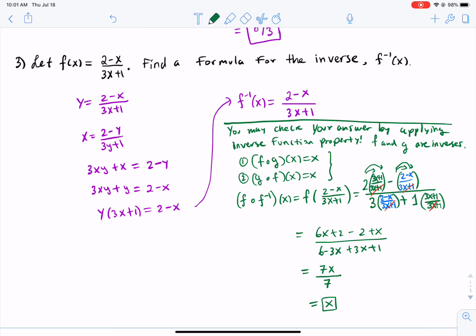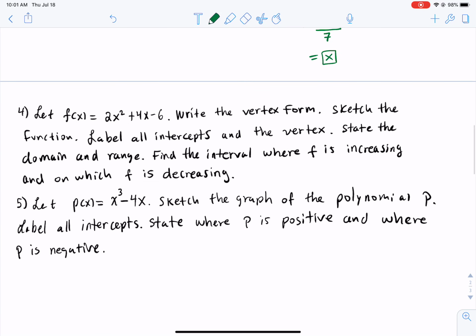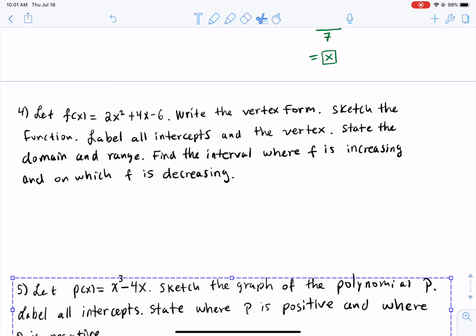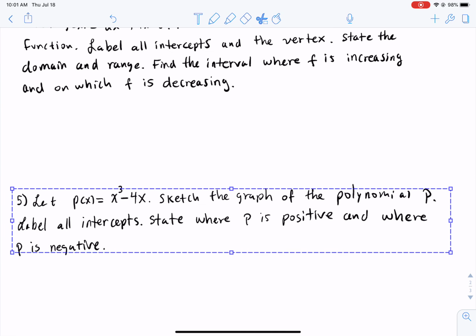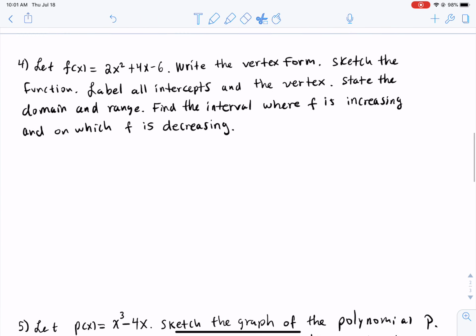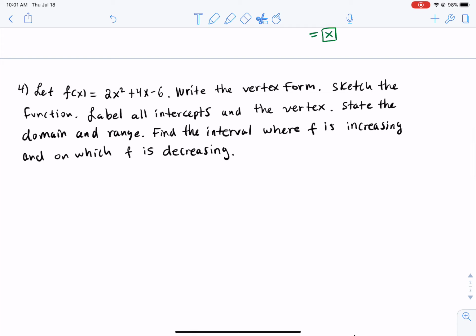Right? All right, so number 4 now. This is what we were doing yesterday, right? With the parabolas and so on. How will you start off with this here and get the vertex form from here?